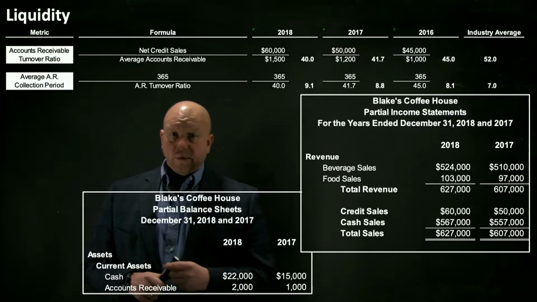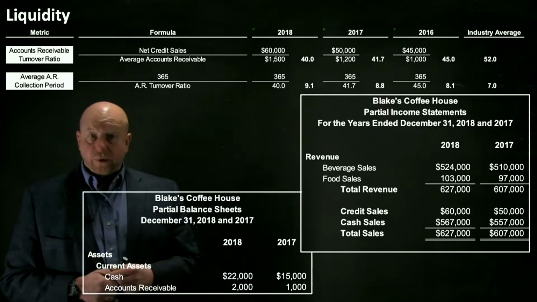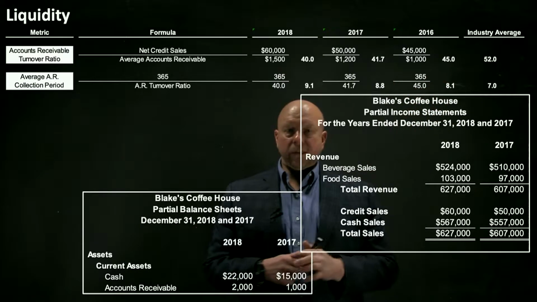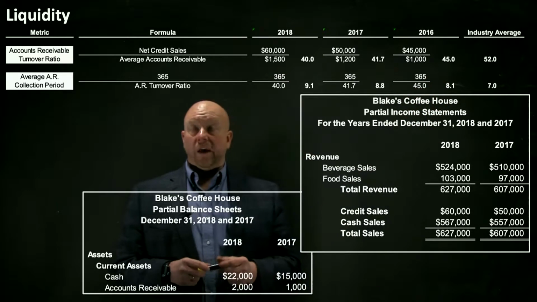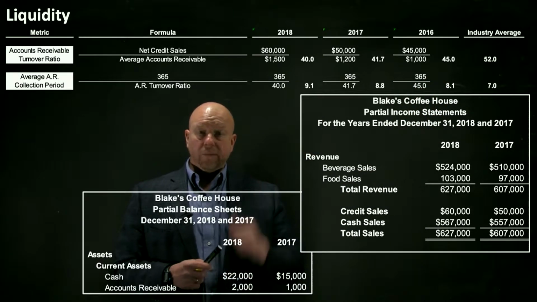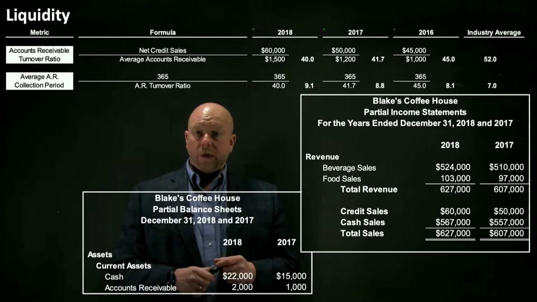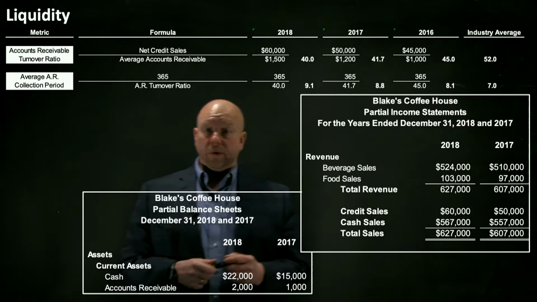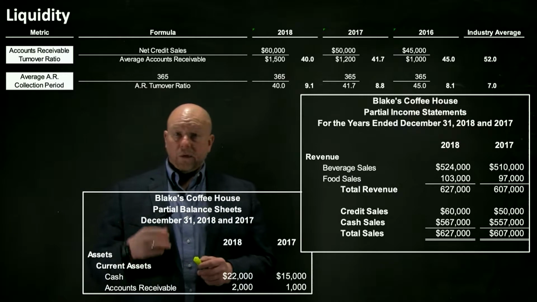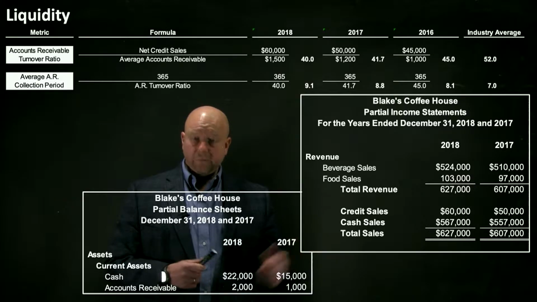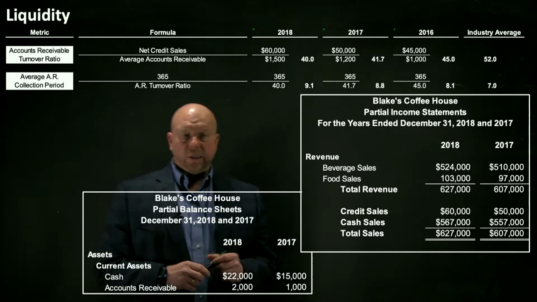There's also a risk that we would not get paid as quickly as we would like. So two of the metrics right here help us determine factors that affect liquidity. These are really more influencers of liquidity, if you will, because if you're collecting your receivables more quickly, your liquidity is probably going to be better than if you were collecting them slowly. And that's why we take a look at these two ratios.